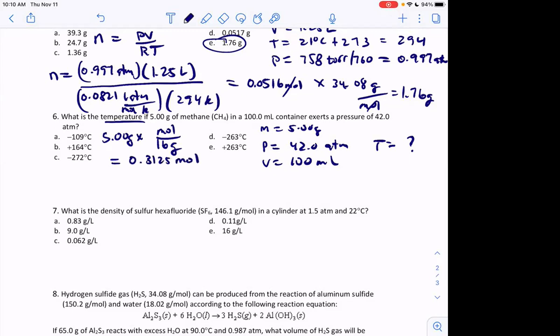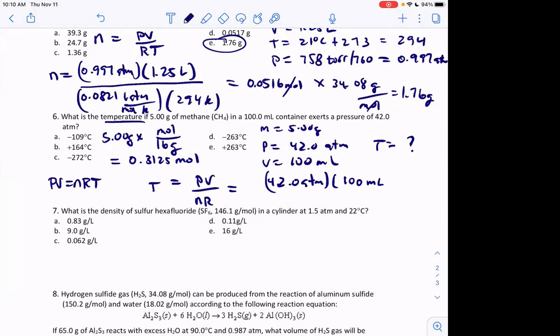Moles. And then I can use PV equals nRT again. And I'm asked to solve for temperature. So T is equal to PV over nR, which is 42 atmospheres. Got to convert that to liters, right?